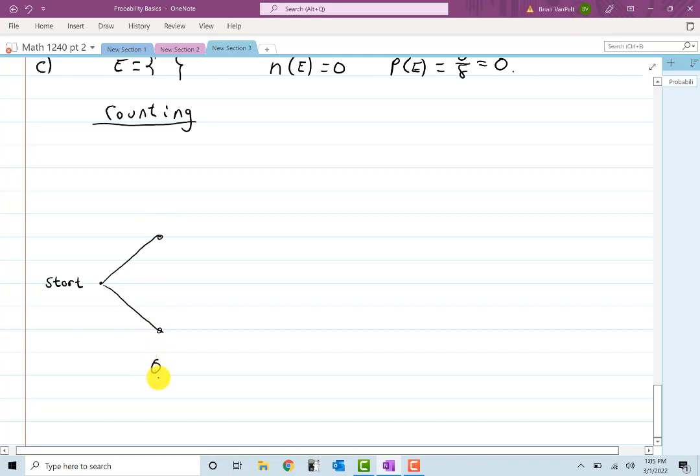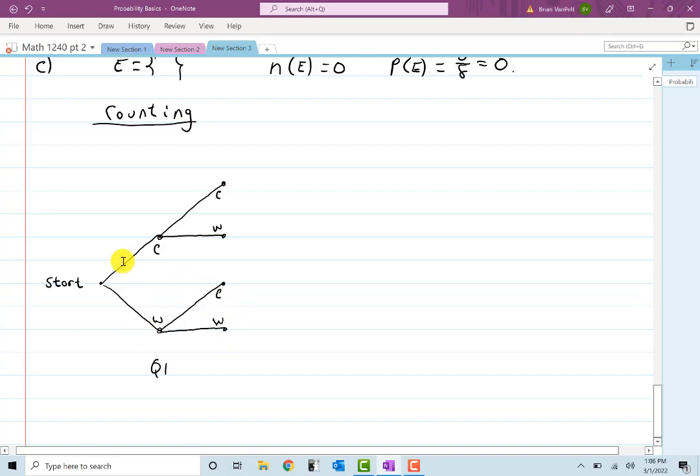Let's say this was question 1. Question 1, you either got correct or you got it wrong. Now, after you got the first one correct, maybe you went on to the next one. And once again, your possibilities are that you get the next one correct or the next one wrong. Over here, if you got the first one wrong, we can continue and say maybe you got the next one correct or you got the next one wrong.